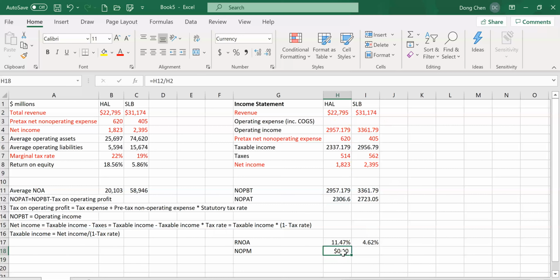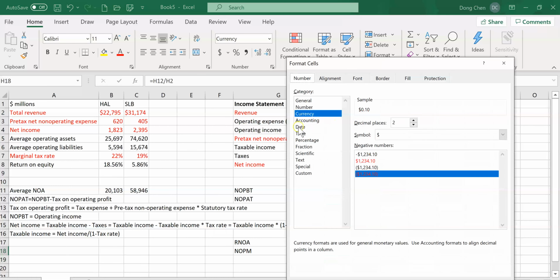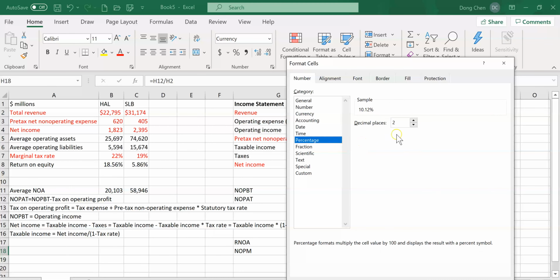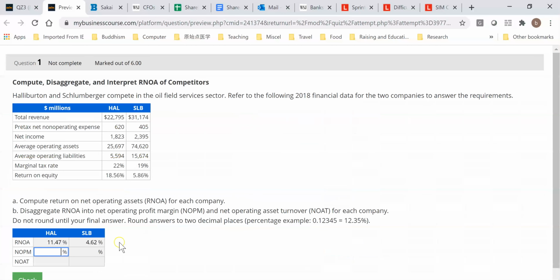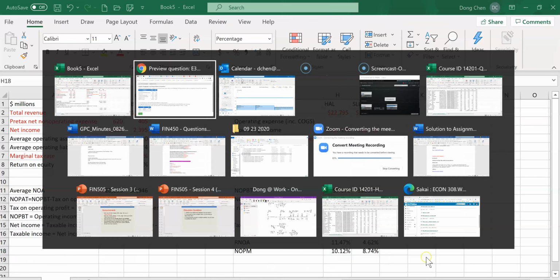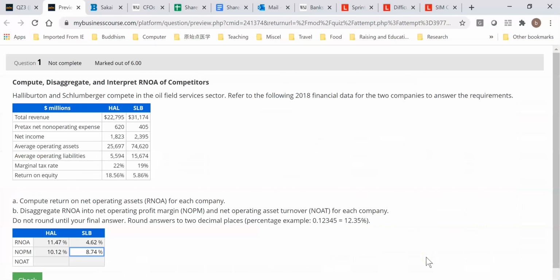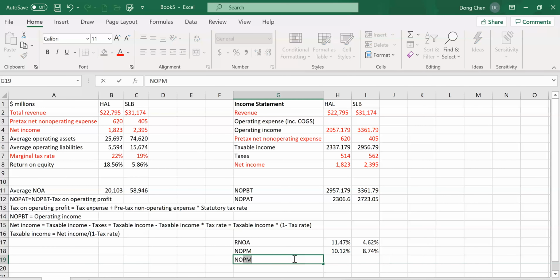Again, this is quoted in percentage terms, so we change the format to percentage and keep two decimal places, and then move to the other cell. So 10.12%, and this is 8.74%.